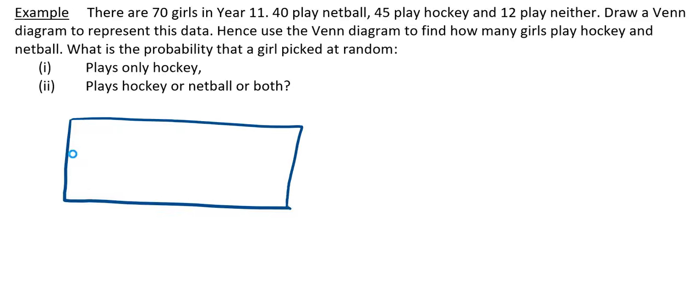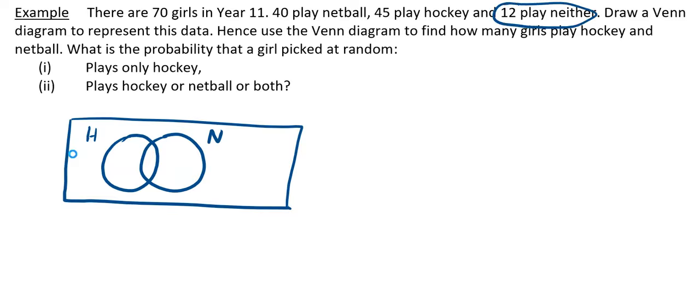Inside this rectangle, you're going to have a circle which represents hockey, and another circle which represents netball. Outside, which is what we're going to start with, is the 12 people who do nothing, so they don't play either of these sports. So that's where that 12 comes from.